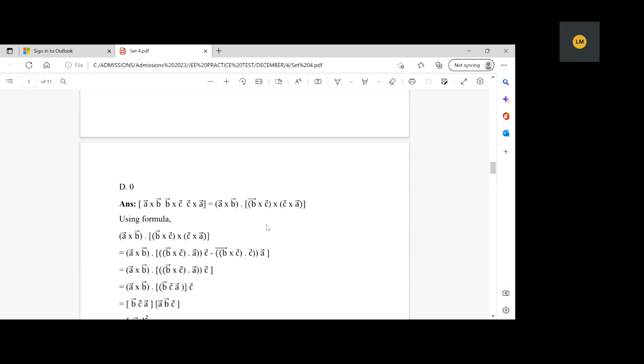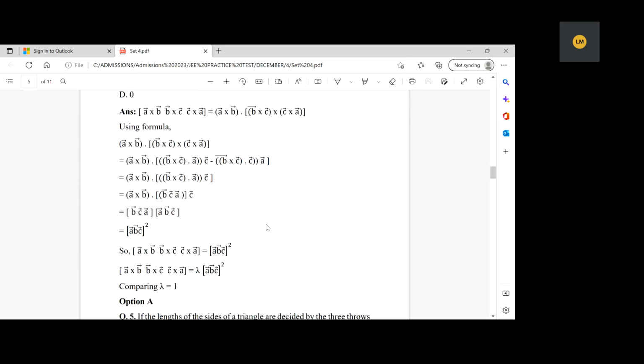So yes, we can start solving this question. I hope everybody remembers the basic formula that we have studied: A cross B dot B cross C cross C cross A. We'll be able to write this as B cross C dot A C minus B cross C dot C A. You can simply arrange these terms in such a way that you'll get this.